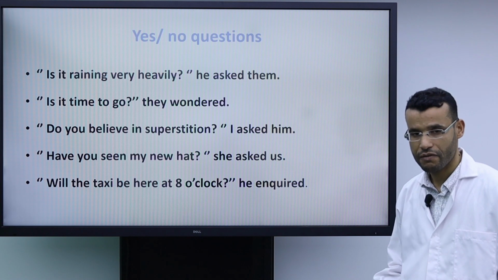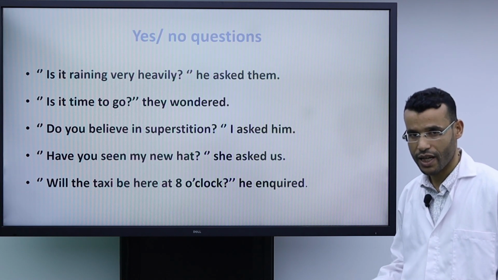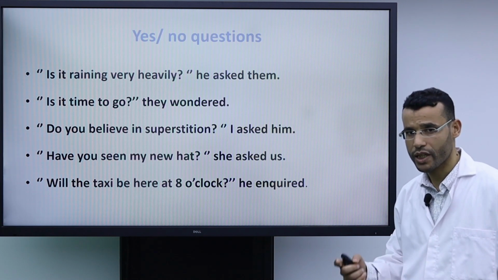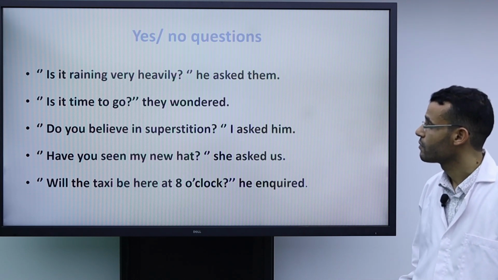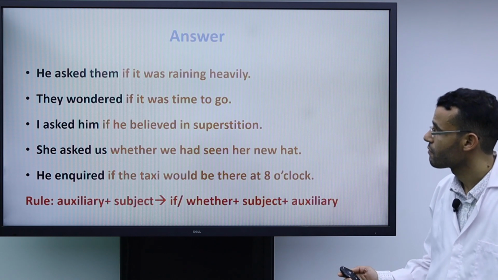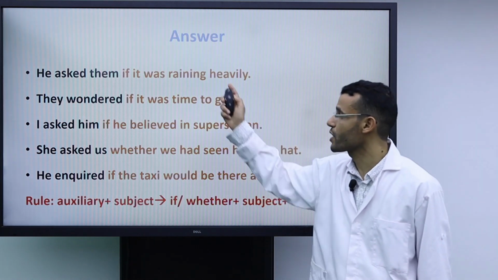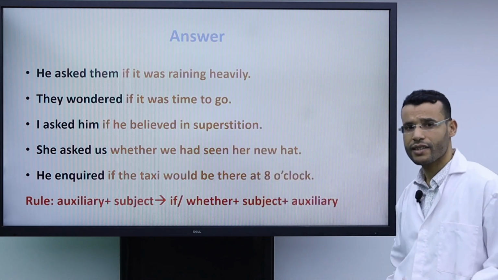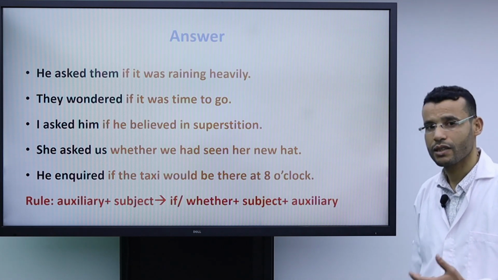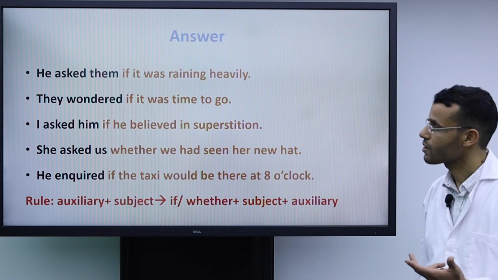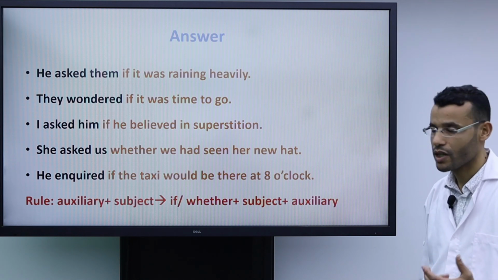You should use if. It is obligatory to use if or whether. So, "Is it raining heavily?" He asked them if it was raining heavily. We apply the same steps, and we add the if, which is considered as a conditional.